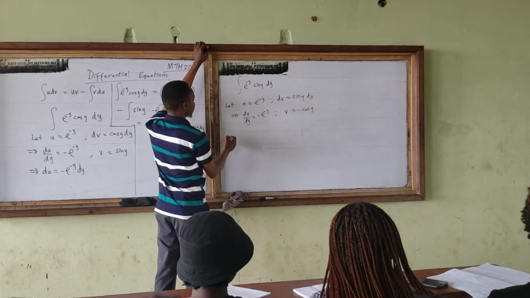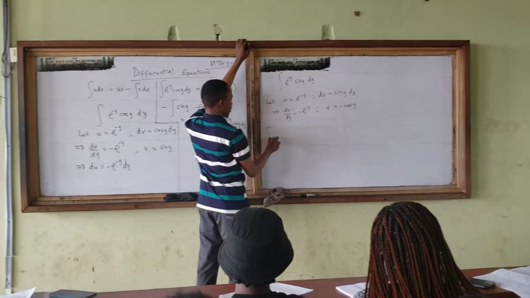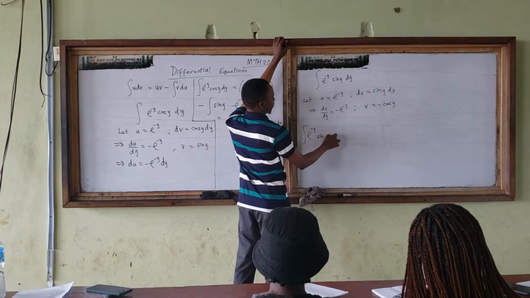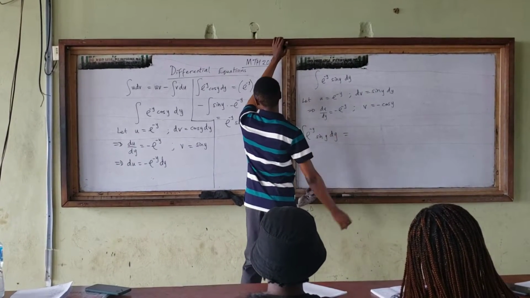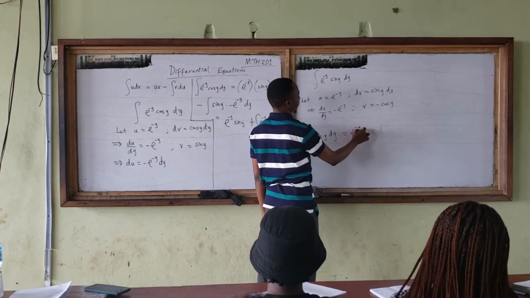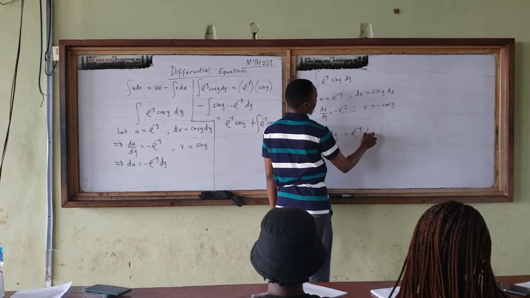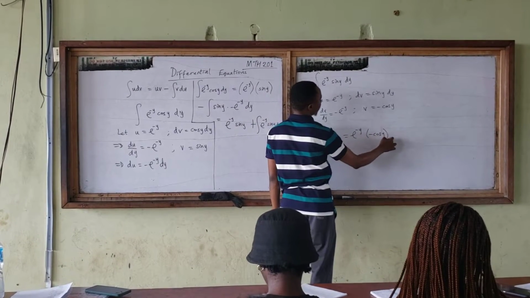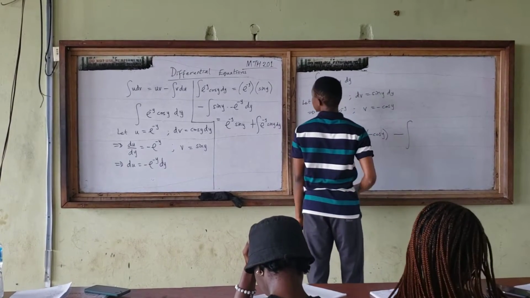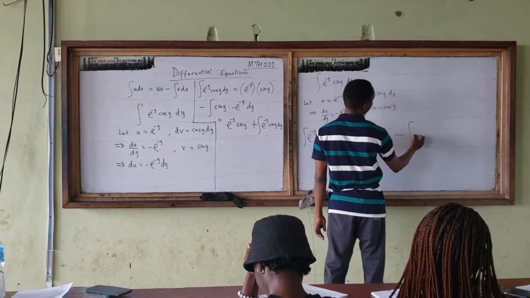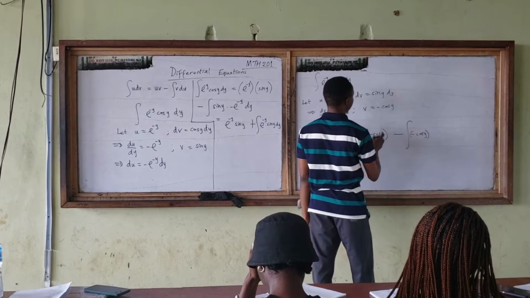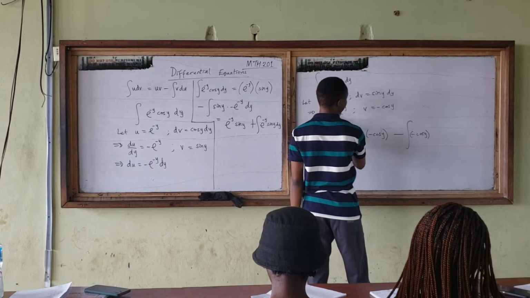So at the end of the day, when you use that formula, we're going to have integral of e raised to power minus y sine y dy to be equal to uv. So uv, that is u here, e raised to power minus y, multiplied by v, that's minus cos y, minus integral of v du. So that will be equal to integral of minus cos y, multiplied by du.